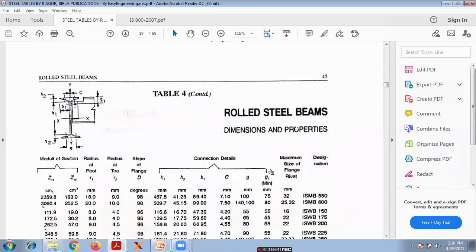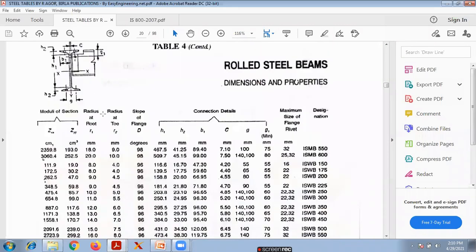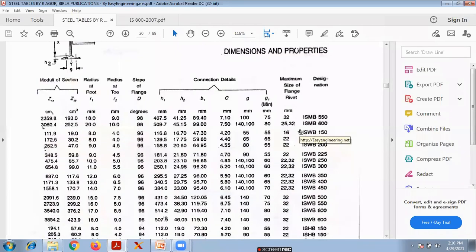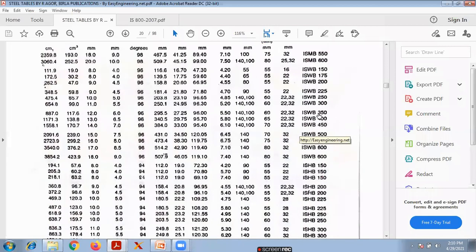And next page, modulus of section, radius at the root, radius at the top, slope at the flange, connection details, maximum size.